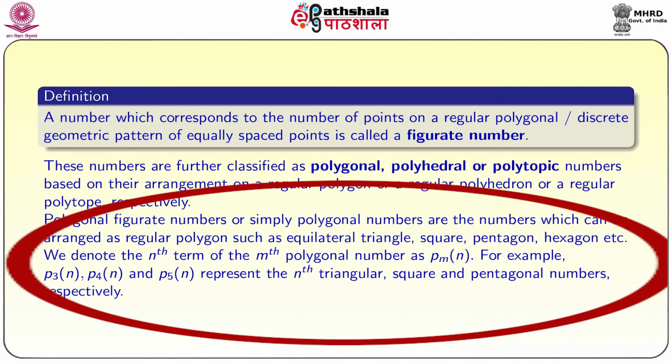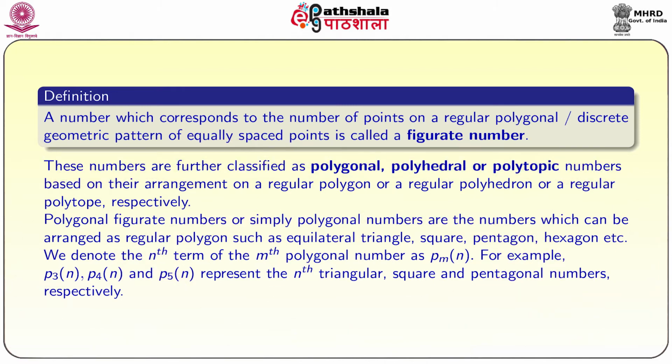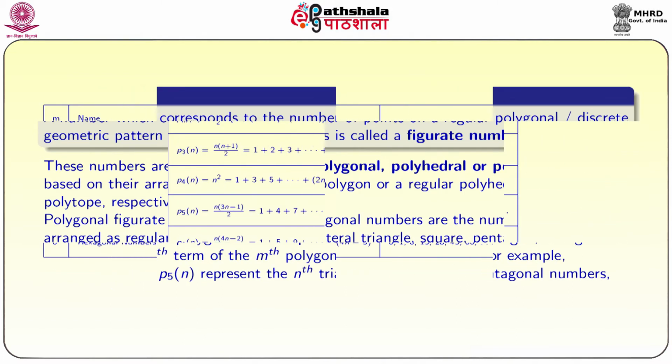For example, P_3(n) represents the nth triangular number, P_4(n) represents the nth square number, and P_5(n) represents the nth pentagonal number, respectively. Why we call these triangular, square or pentagonal numbers, we have to see.